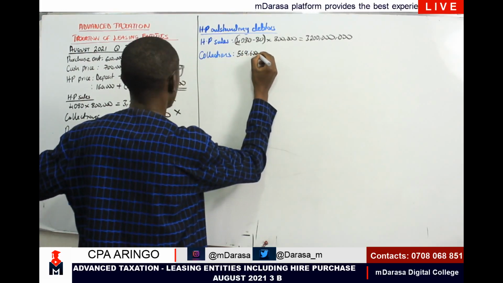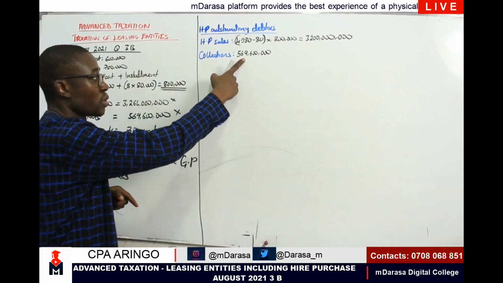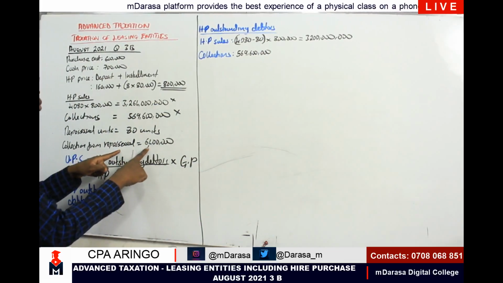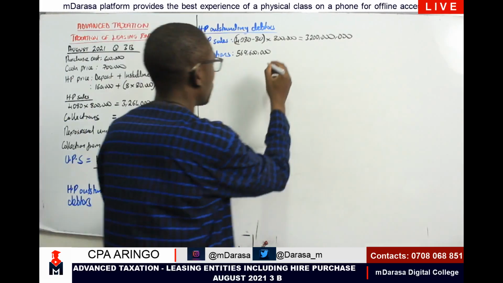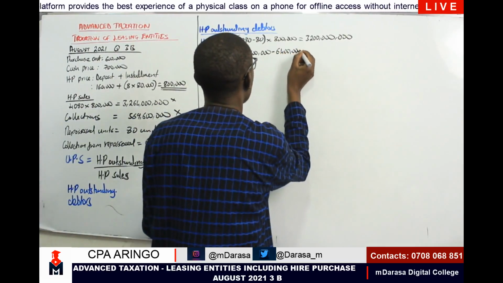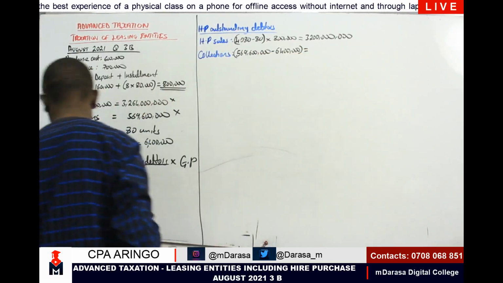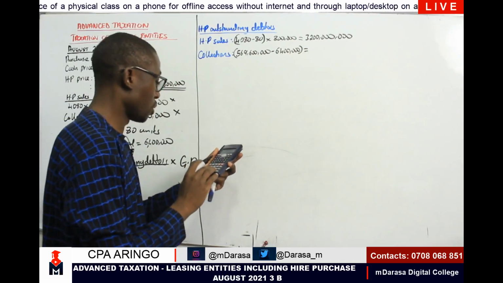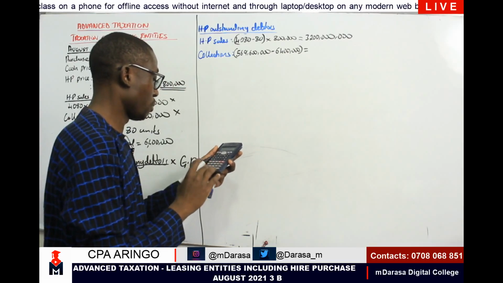569 million 600,000. But out of this collection, my good students, what you should realize is that we had collection from the repossessed goods. So we need to deduct the collection from repossessed goods, 6.4. At the end of the day, how much will we remain with? We take the 569 million 600,000 less 6.4 million.